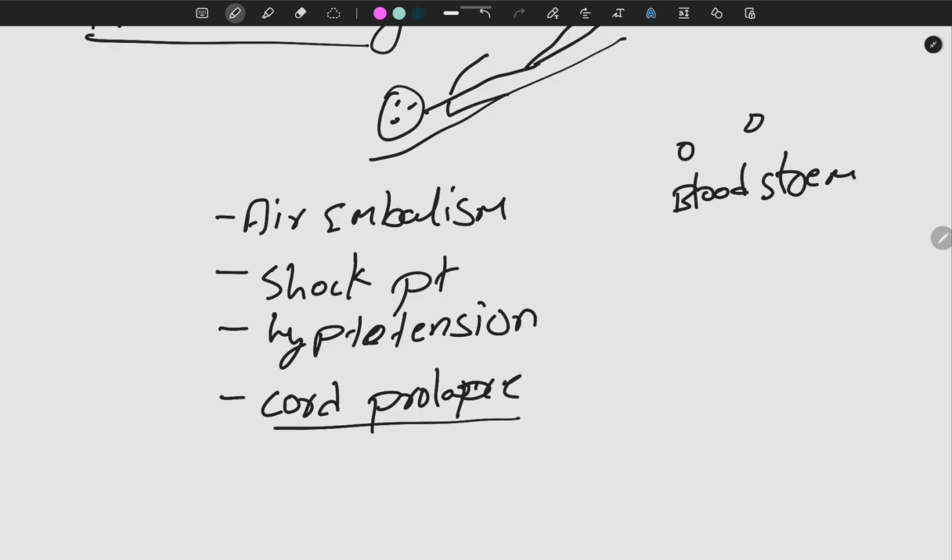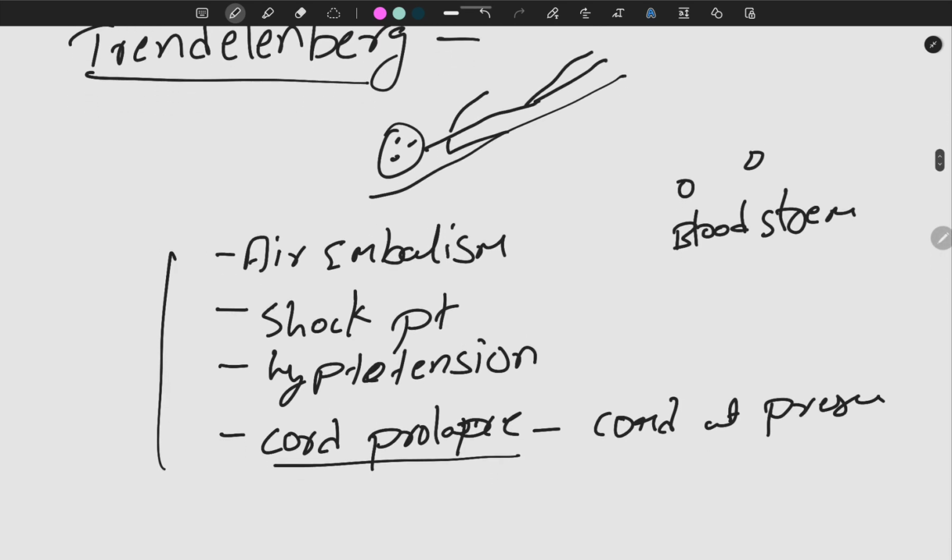Cord prolapse is when the cord is present at the presenting part. During delivery or before delivery, when the cord prolapses from the vagina, it is called cord prolapse. So these are the indications for the Trendelenburg position.